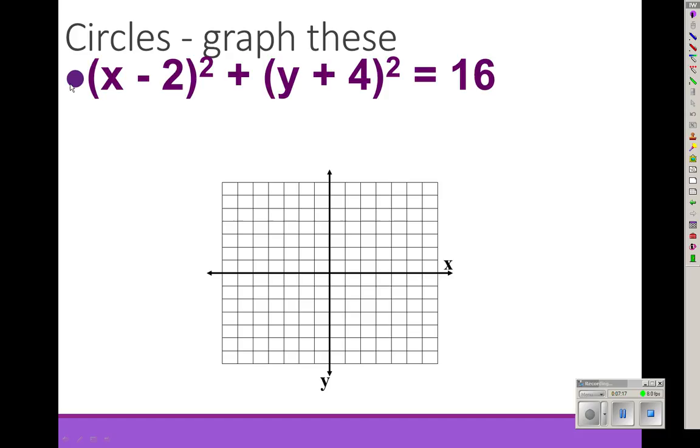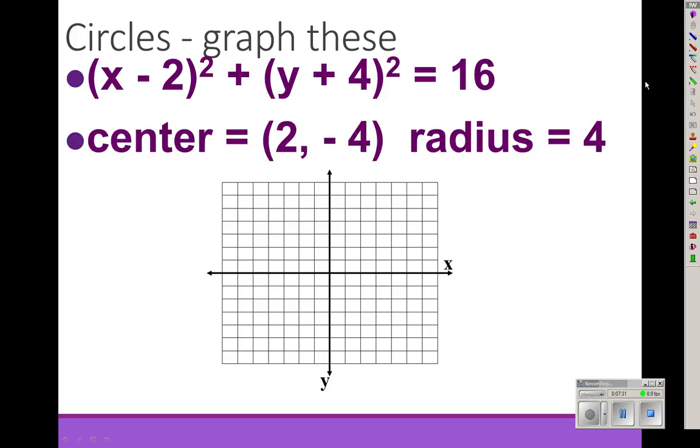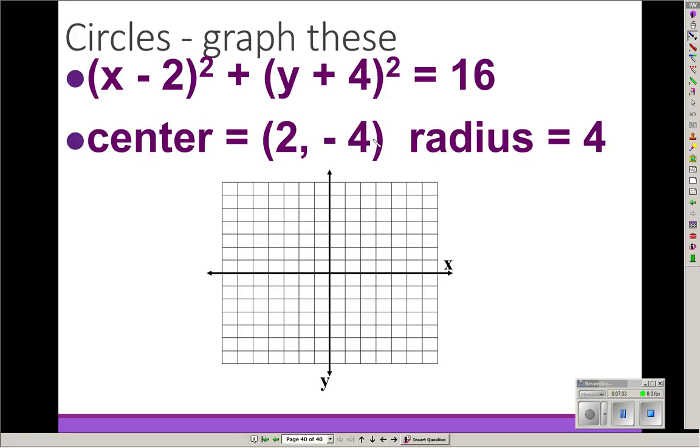For this one, (x minus 2) squared plus (y plus 4) squared equals 16. The center will be positive 2, negative 4, and the radius is the square root of 16, which is 4. So we'll plot 2, negative 4, and then we'll go up 4, right 4, down 4, left 4, and then carefully draw the circle.